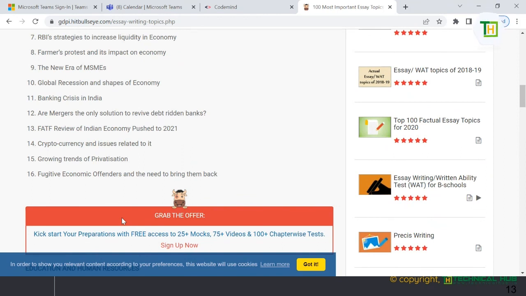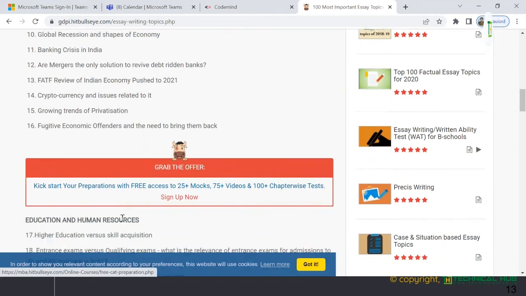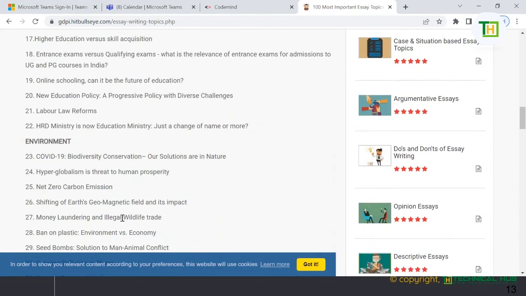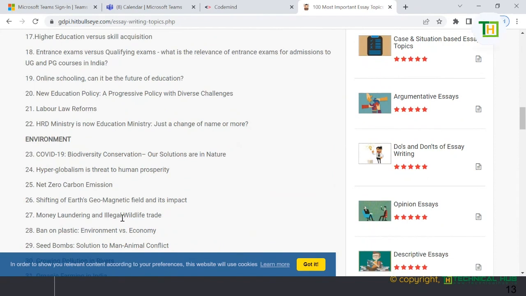The new era of MSME, that means small industries. Cryptocurrency, then privatization of government properties, higher education versus skill acquisition. Okay, all these you'll get.